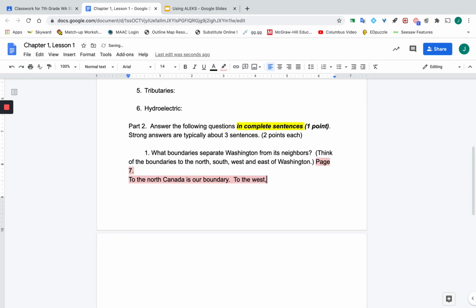To the west, the Pacific Ocean is the boundary, etc., etc., etc. I'm not going to make you watch me type, but you get the idea. Again, you want complete sentences with a period and a capitalization.